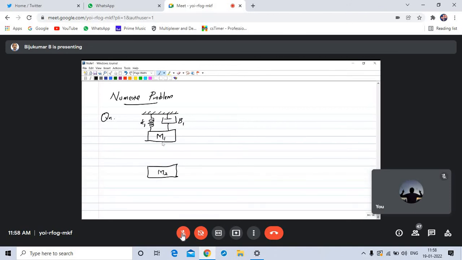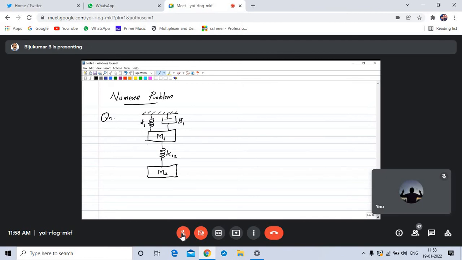and I have a spring arrangement between the mass M1 and M2. Corresponding spring constant we can call it as K12. Okay.